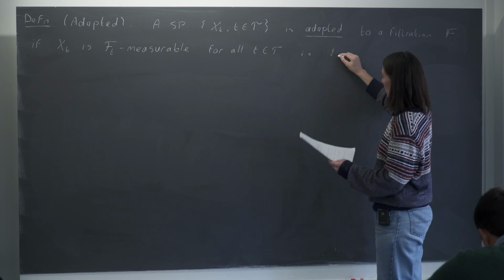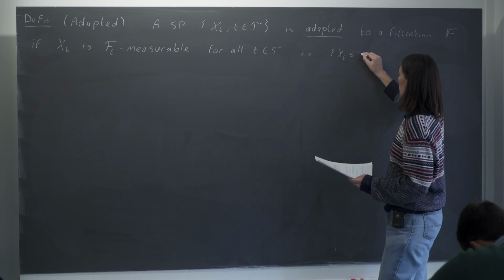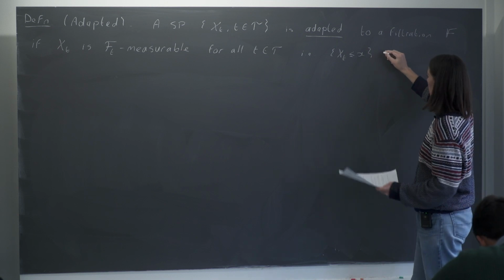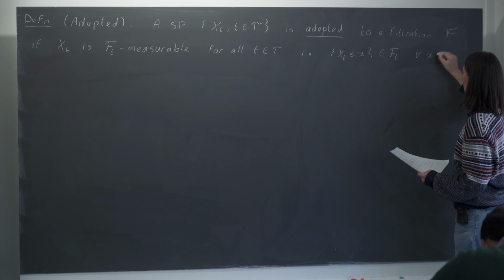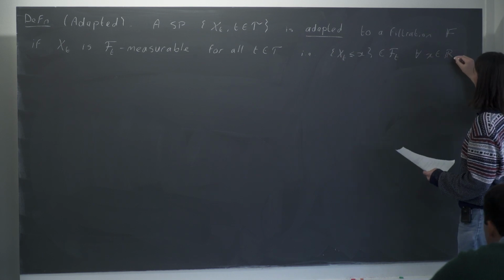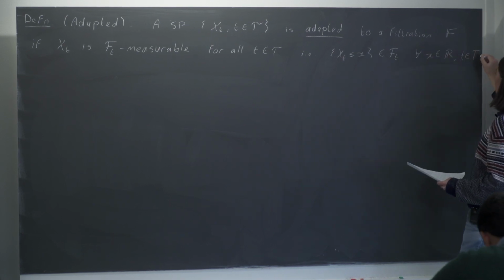That means that the event X_t less than or equal to x lies in our sigma algebra F_t for all x in R and t in T.